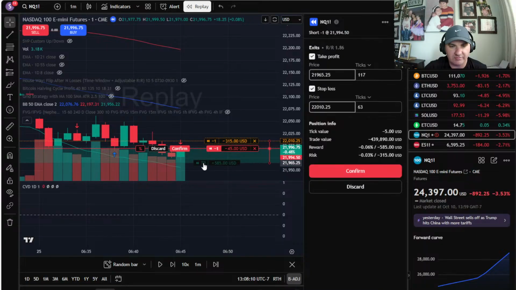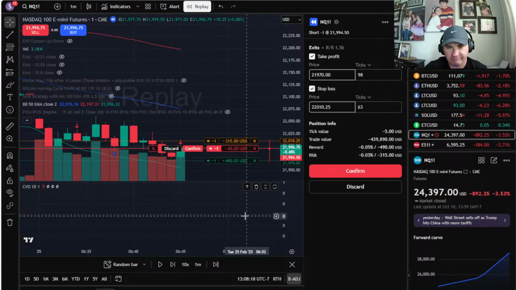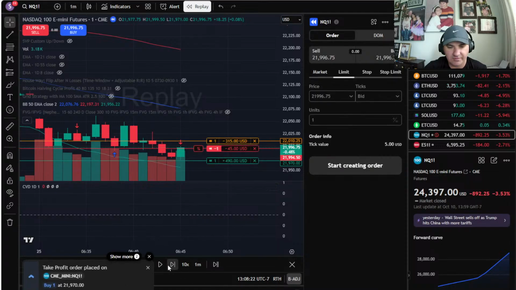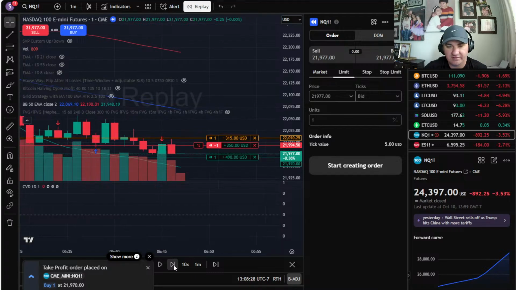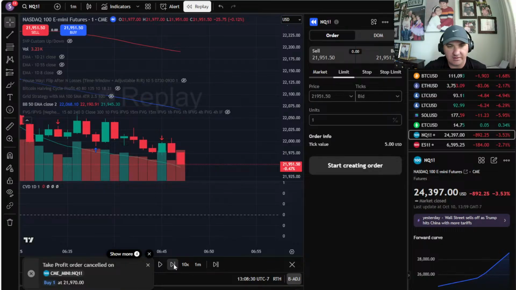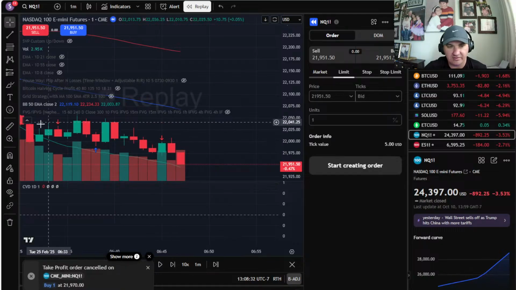As far as take profit goes, the way this is moving around, probably just go something like that and then confirm. Almost stopped out, but survived. And that one paid.